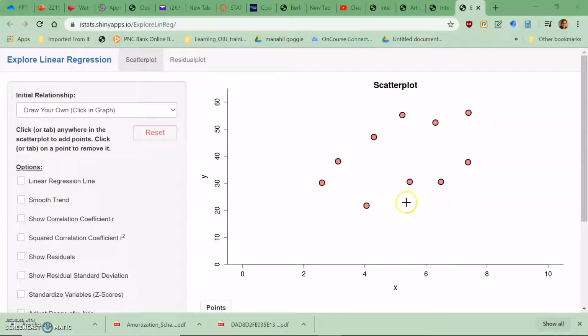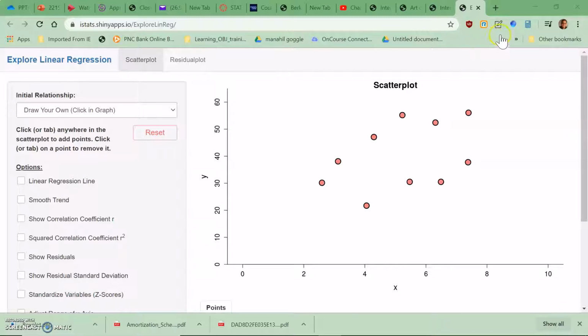Such a line we call the best fit line. Can you fit a line which is the best fit line? So this is possible.